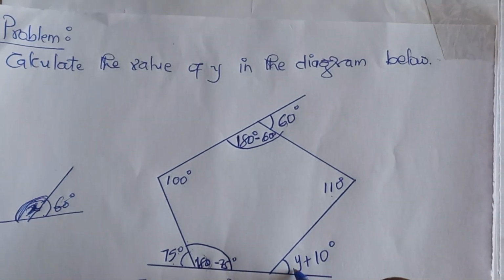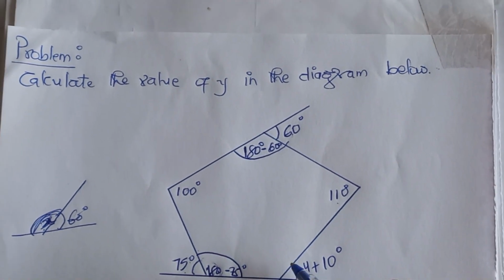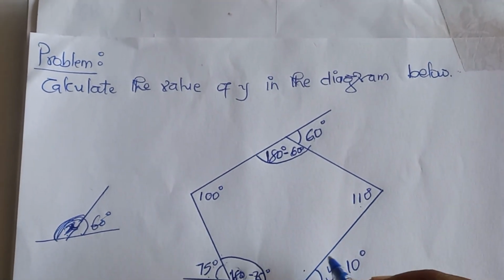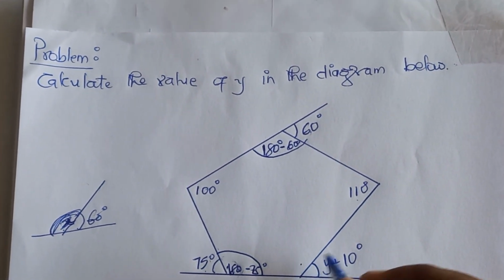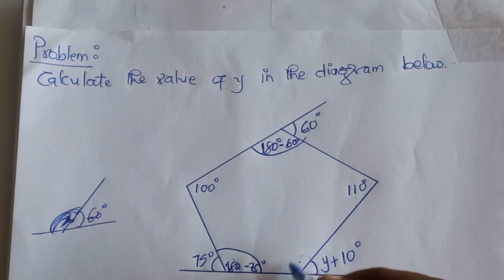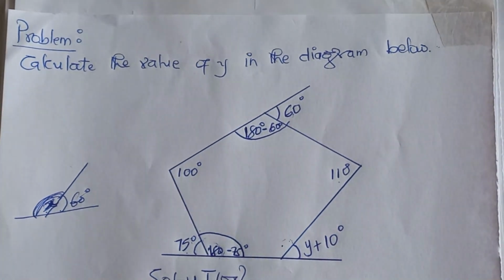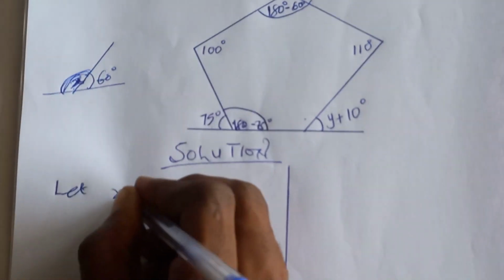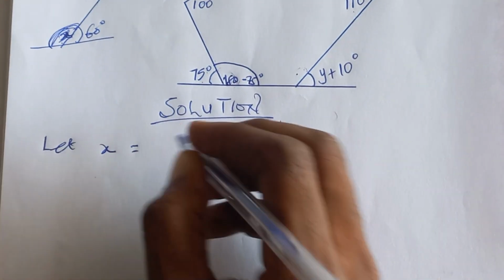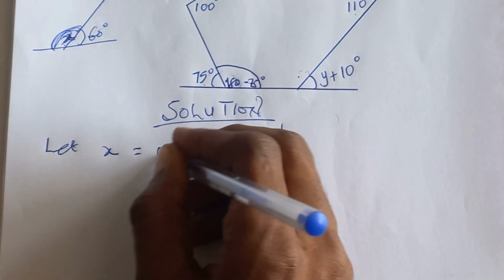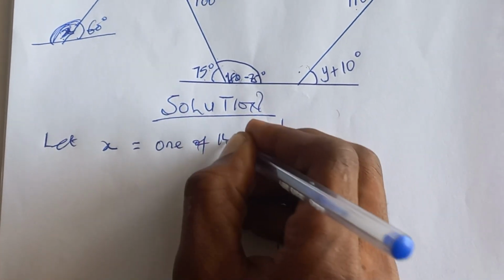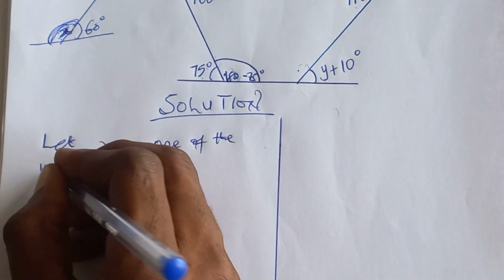Good. Since we don't know the value of y and we don't know the interior angle, let x equal one of the interior angles.